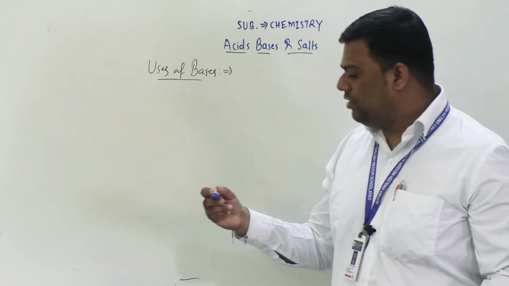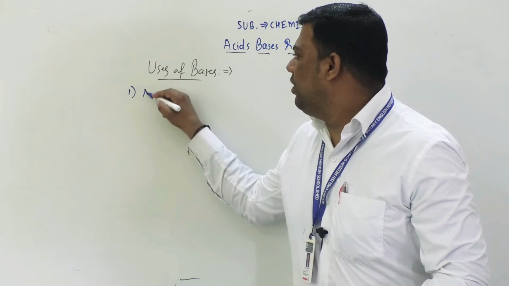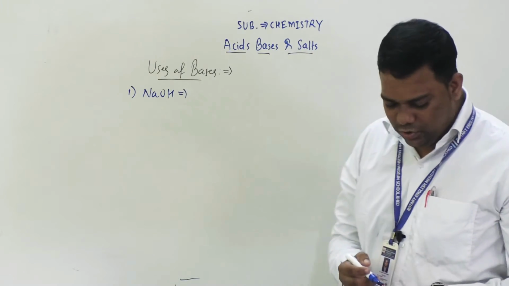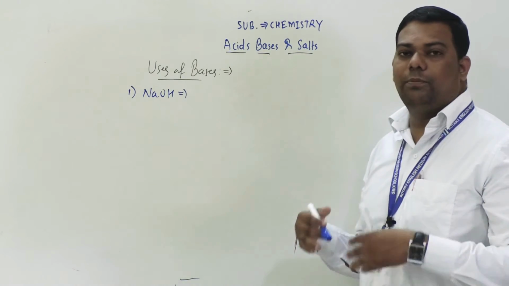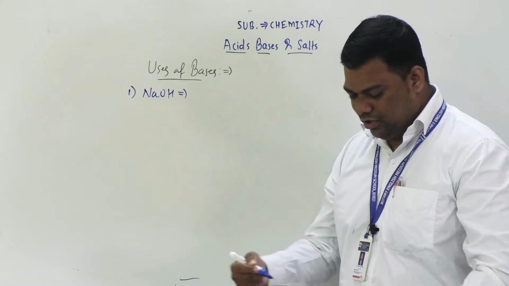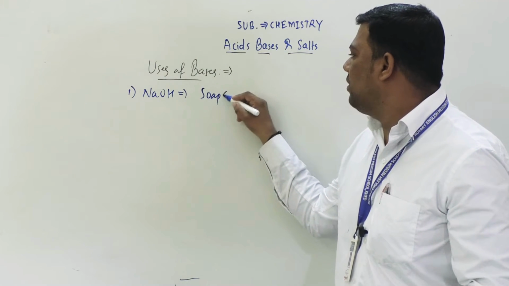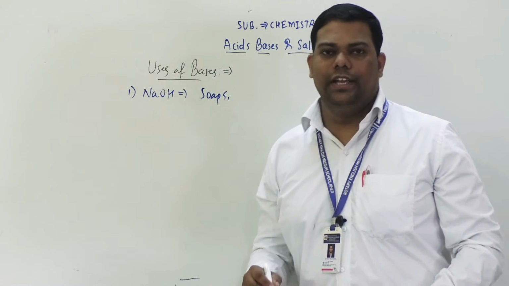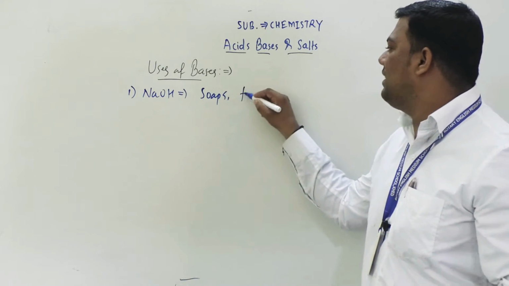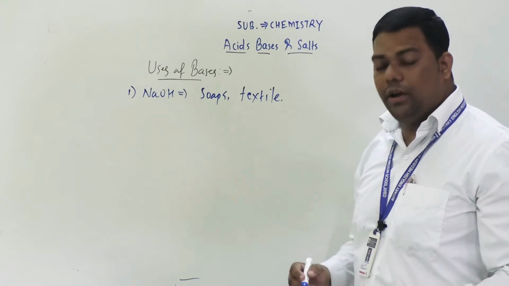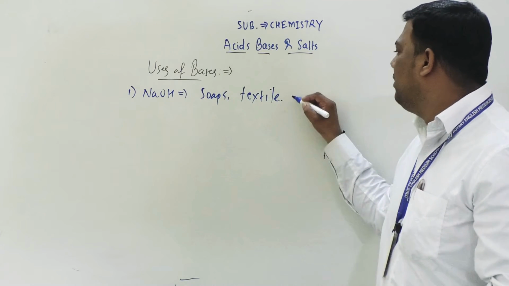Suppose you are considering NaOH. This NaOH is used in the manufacturing of soaps, then in the manufacturing of textiles, then in the paper industry.